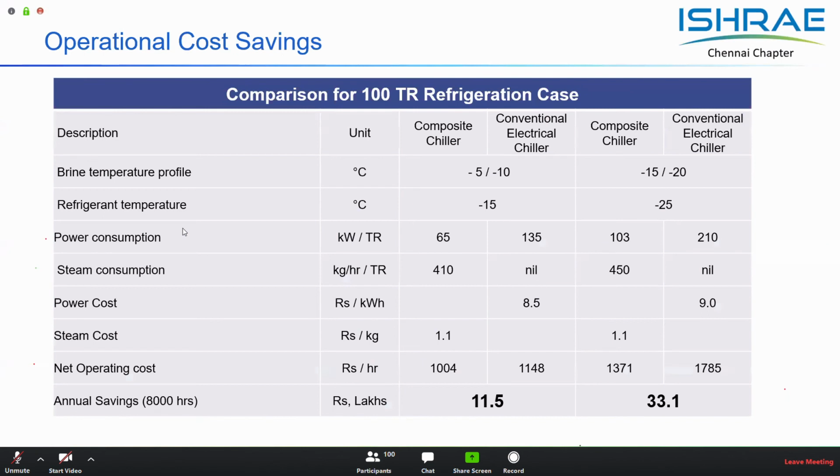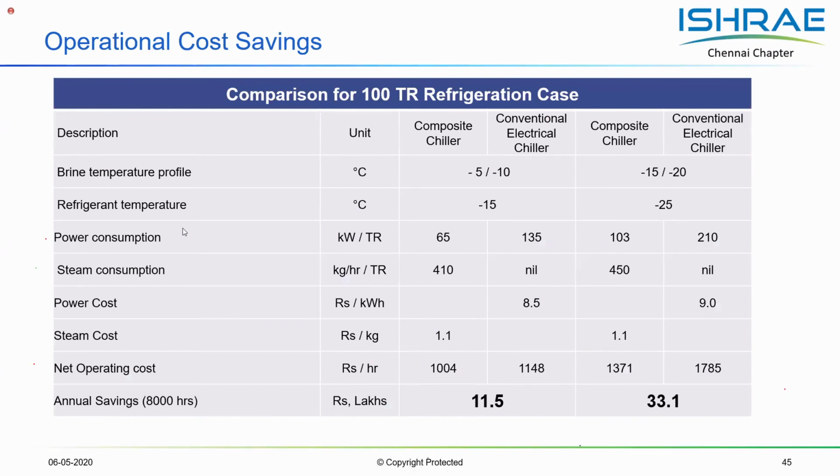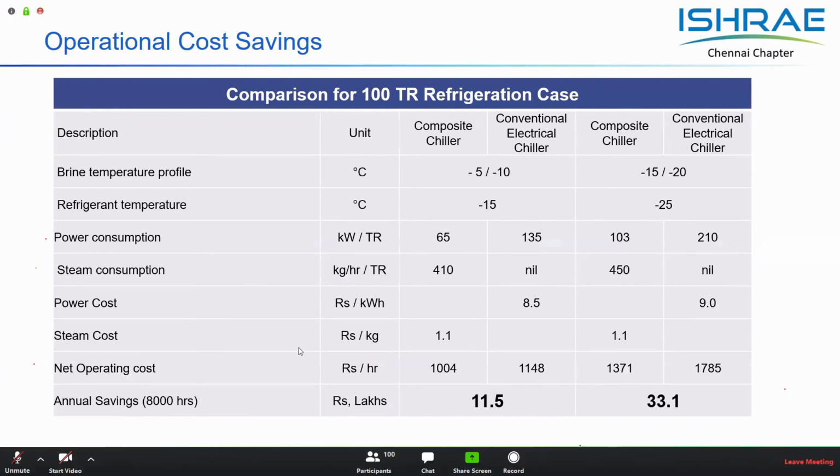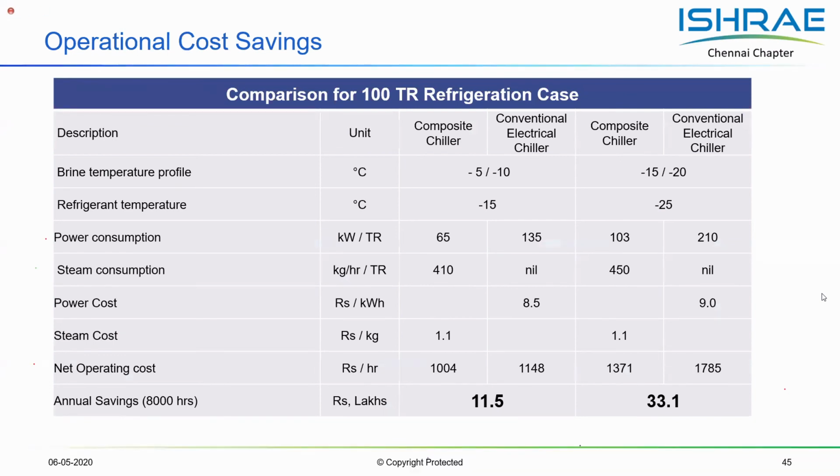So in one such scenario, if you have a 100 TR refrigeration requirement and the temperature is from -5 to -10, you would save a lot on the operating cost, which across 1 year of operation can deliver savings of lakhs of rupees. And savings go higher and higher as the temperature of the prime mover goes lower and lower.